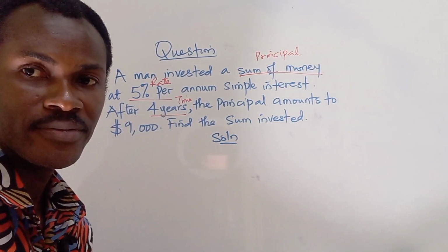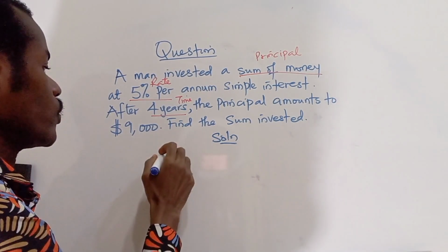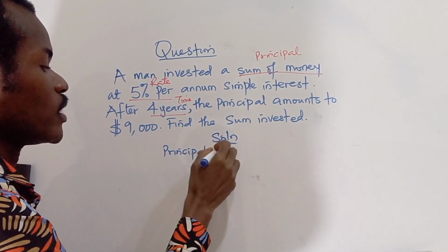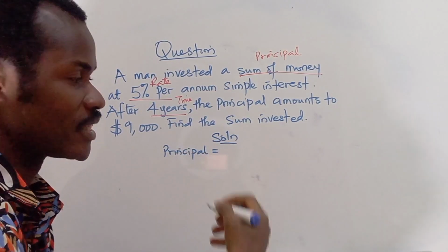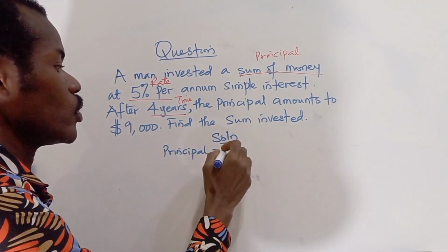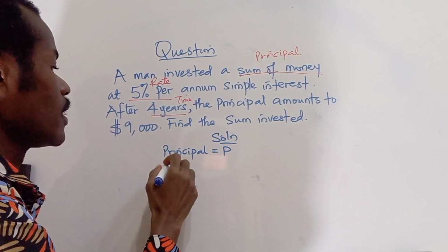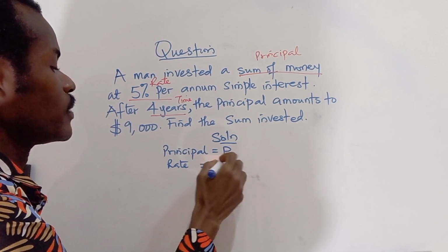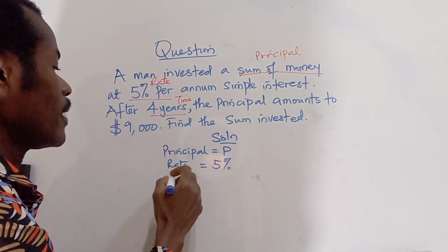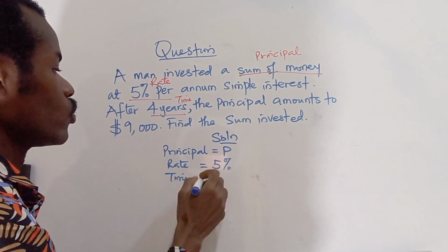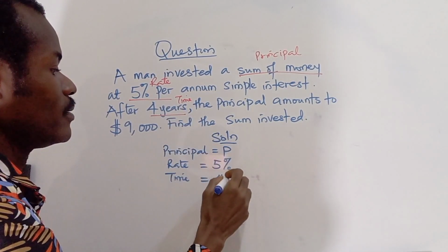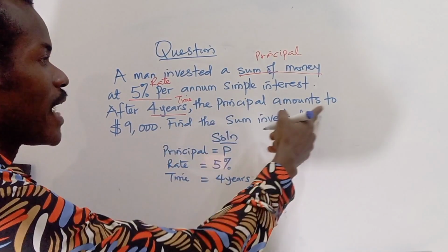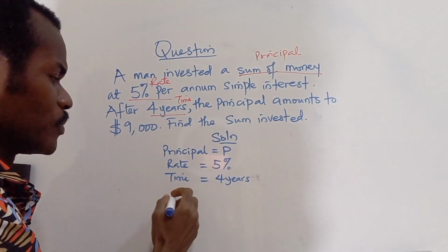From what we have in the question, we have the principal, which is the money invested, or the loan, the money that is given out or borrowed. Let's call it P. Our rate is 5%. The time is given, which is 4 years. And so the principal amounts to this.